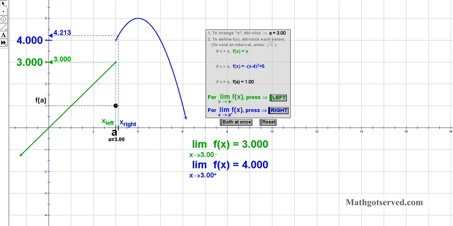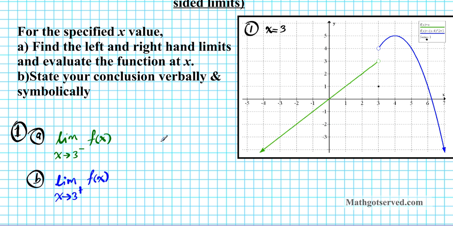Okay, so let's go back to the problem. This is the same function we just looked at the animation of. As x is getting closer and closer to 3 from the left, the function itself is approaching 3. So the left-hand limit is 3.